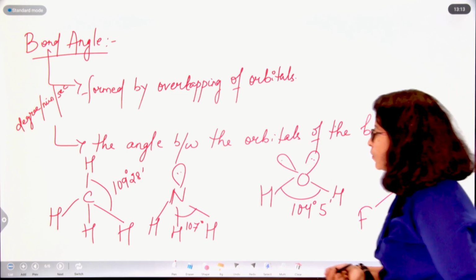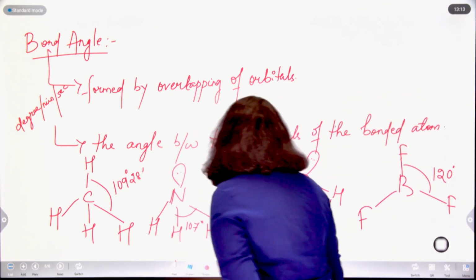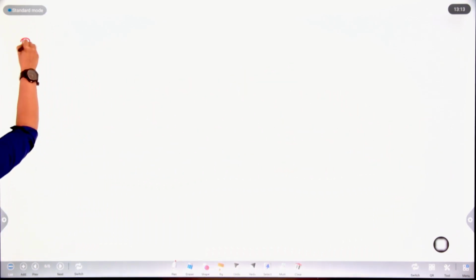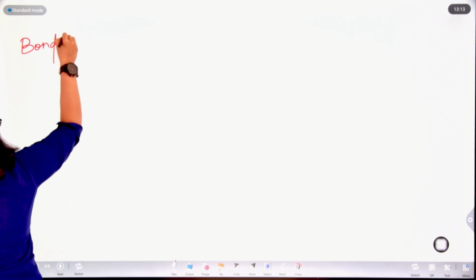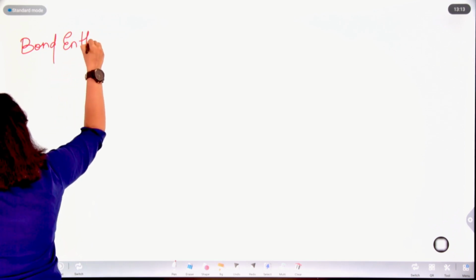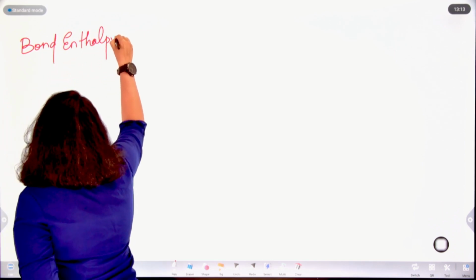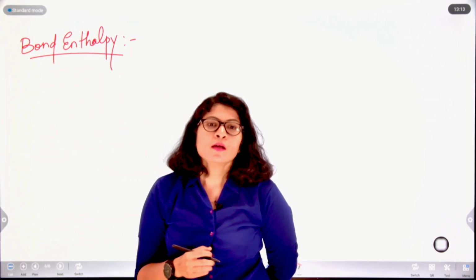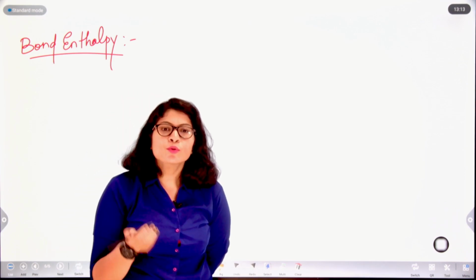Okay. So next we will move on to the next parameter, which is bond enthalpy. Bond enthalpy is the amount of energy required to break a bond.